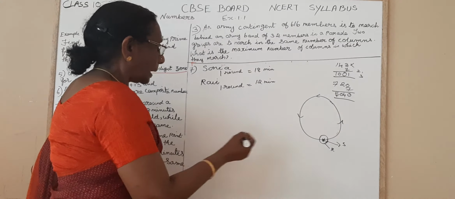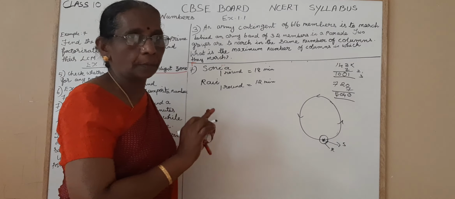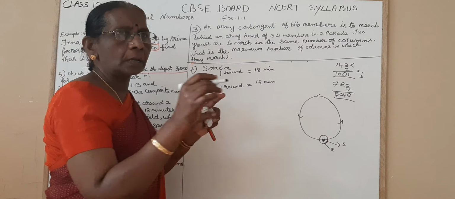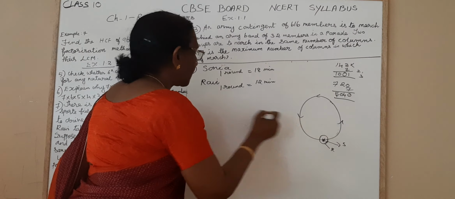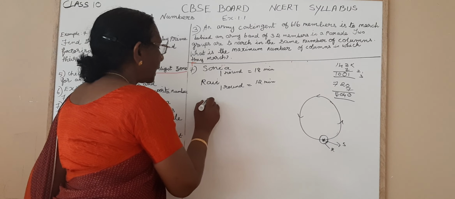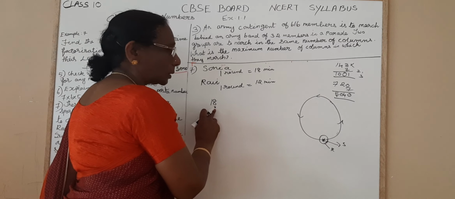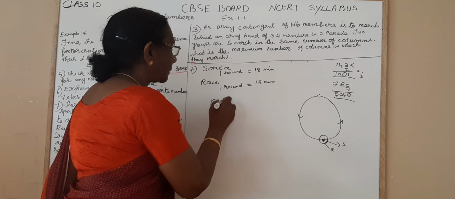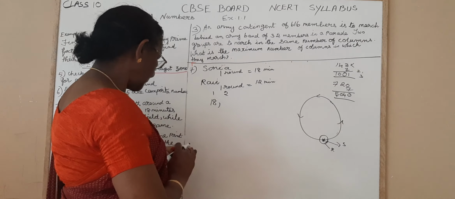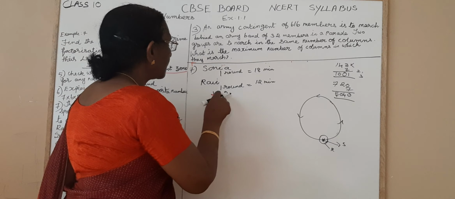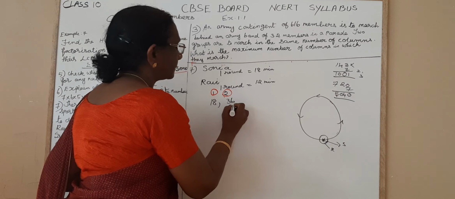Okay, so I am just writing in the rough but you only need to follow those steps in the examination. For examination you could write short steps and complete. Okay, now here Sonia, for completing one round, 18 minutes. For the second round, she will take 36 minutes.